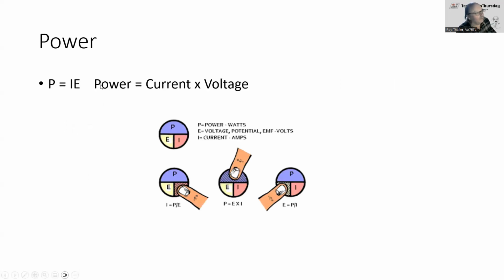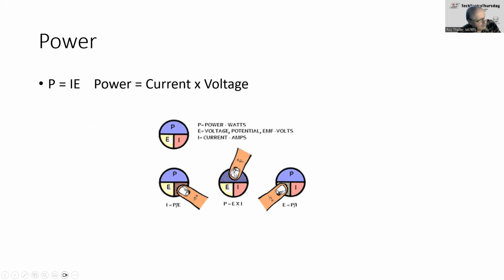So if we look at power, it's developed by this formula: P equals I times E, or power equals current times voltage. And here are some of the things you can remember. You can draw this as PEI, and then you just put your finger over what you want to calculate.